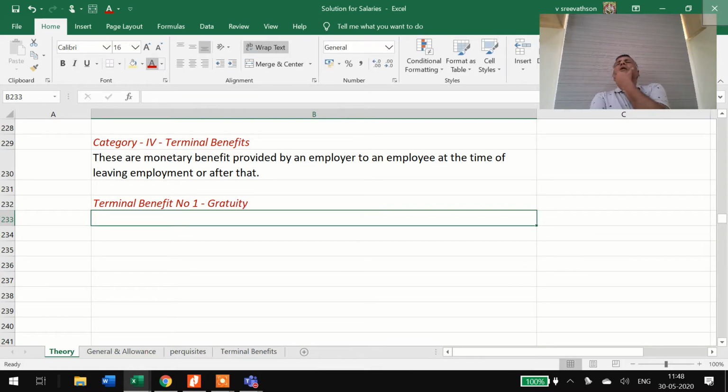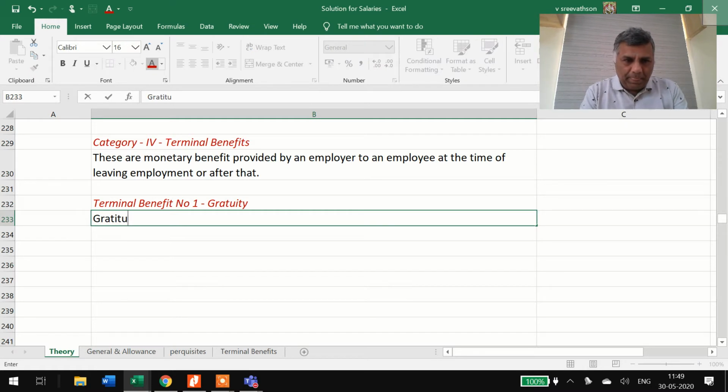The word gratuity is derived from the word gratitude. Gratuitous payment, thank-giving payment. Boss, thanks for working with me for so long. We are very happy that you have been working with me for so long. Gratuitous payment at the time of leaving employment.